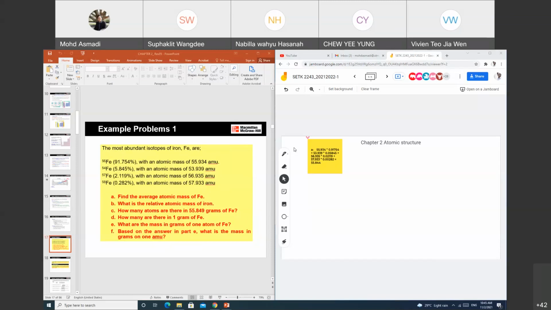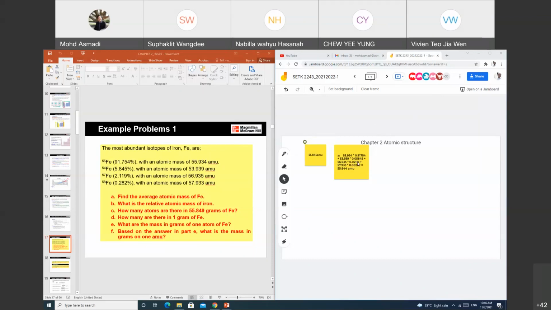Look back at the mass of atom. Yeah, should be AMU. The relative atomic mass should be the same, right? Yes. But what is the unit? Grams per mole. It's just a gram.